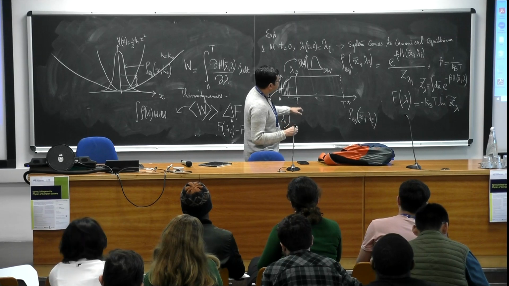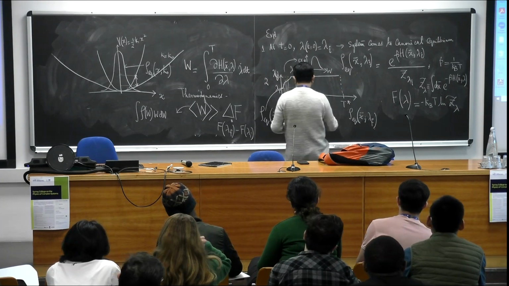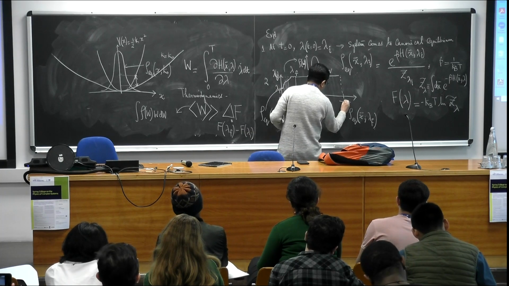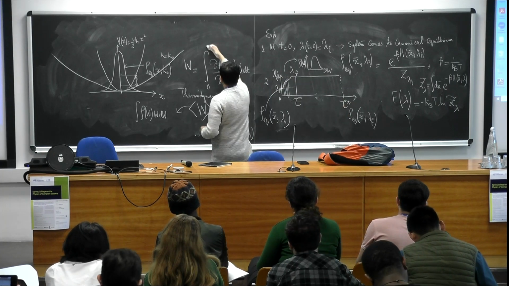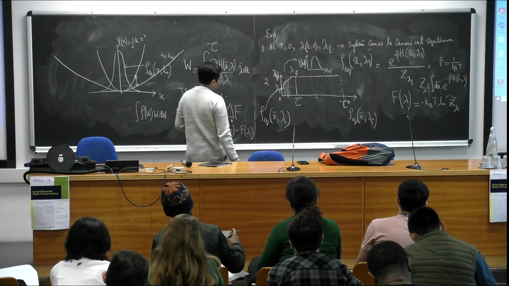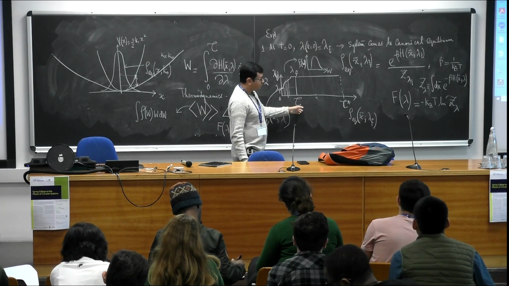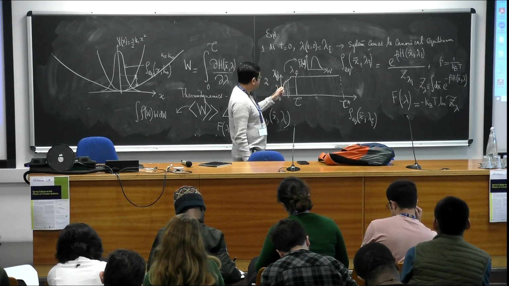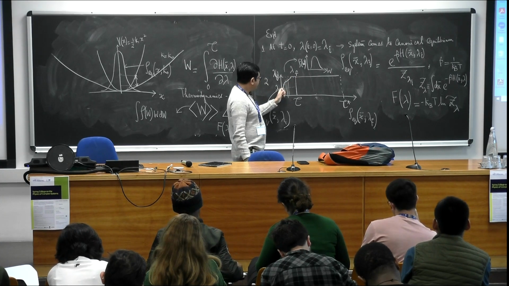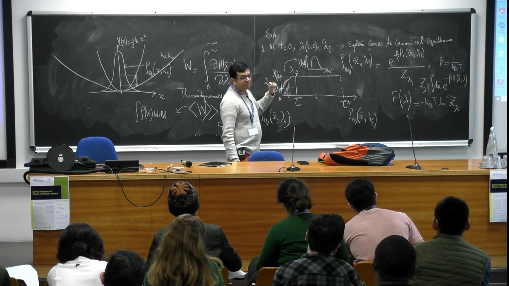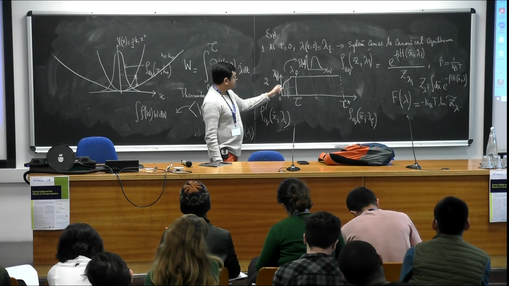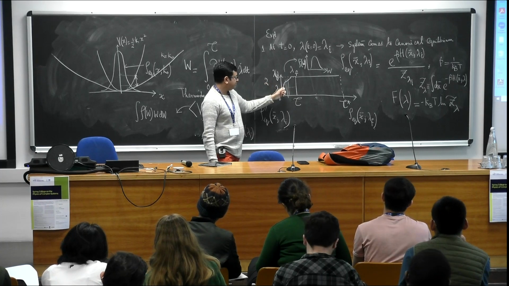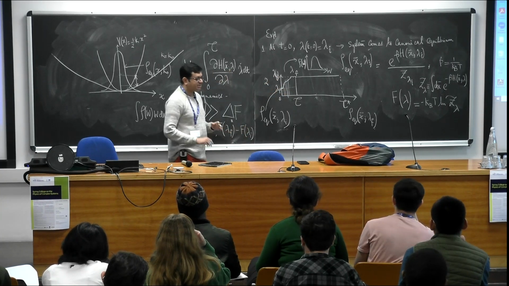Maybe this t is confusing with the temperature, so let me write it as tau. You don't tamper with this. Also, the way you change lambda from lambda i to lambda f, this particular path of lambda, you don't tamper with either. You stick to the same way, and you always change lambda in the same manner.